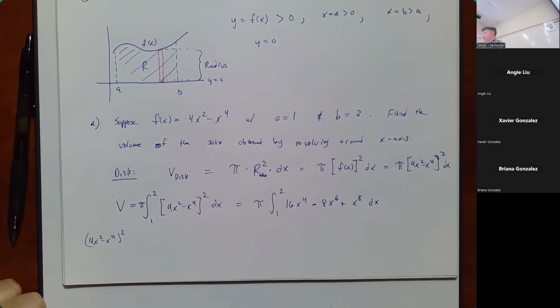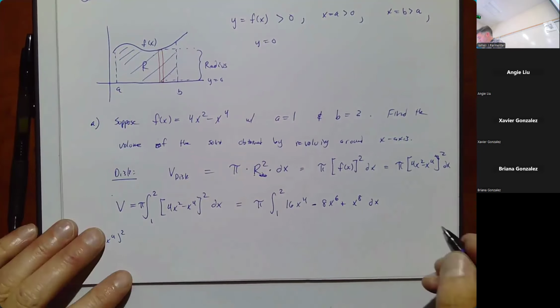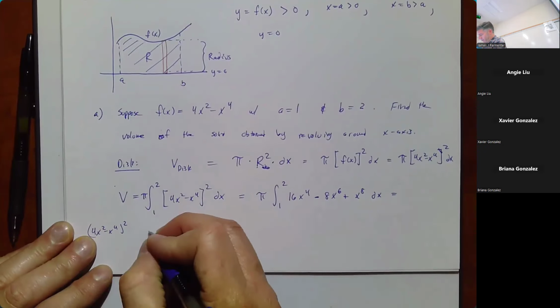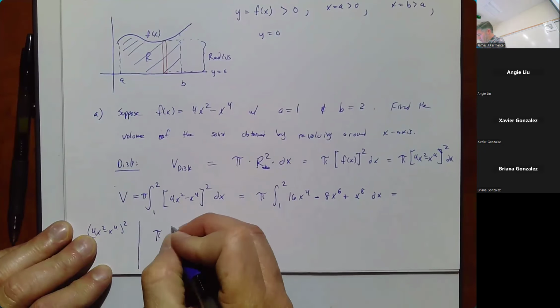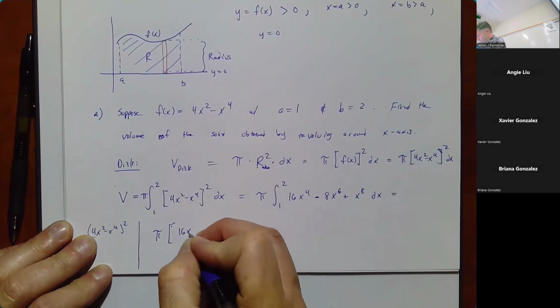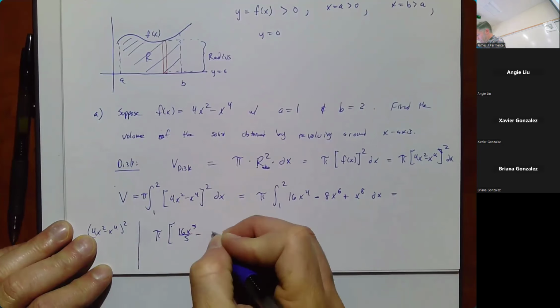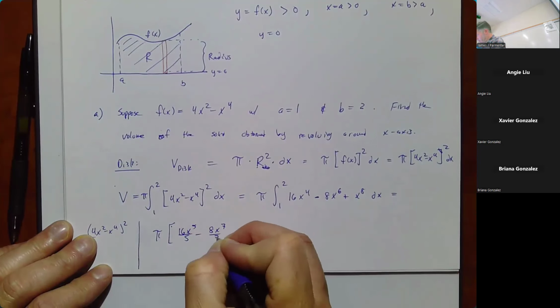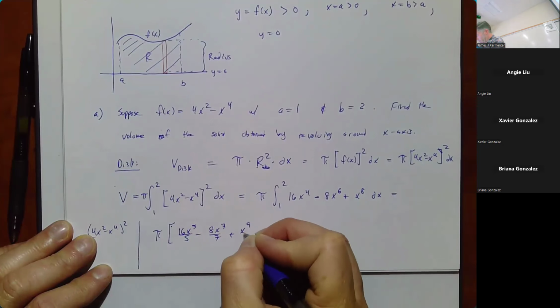Kind of gross. Here's the amount of work I would show if I was asked to actually calculate it. I would integrate. I'm going to get pi times 16x to the 5th over 5 minus 8x to the 7th over 7 plus x to the 9th over 9.